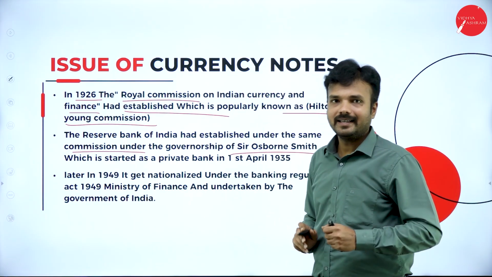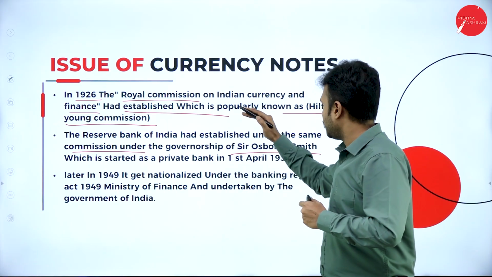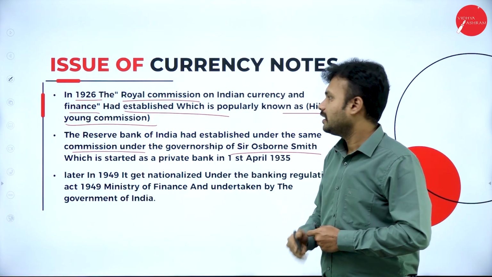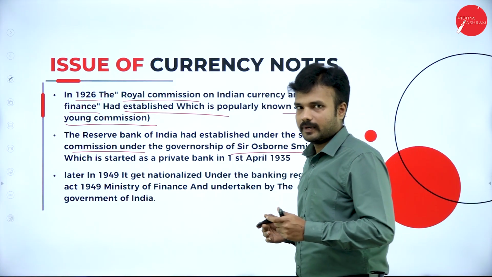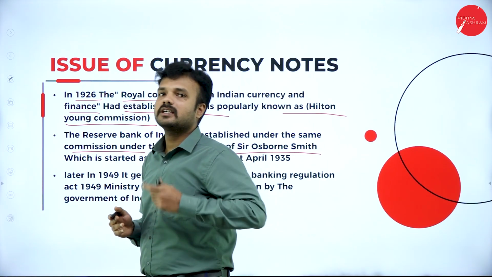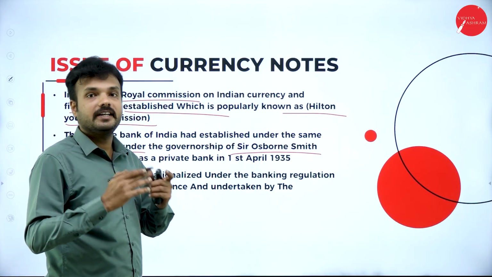So the Reserve Bank of India was established based on the contribution given by the Hilton Young Commission. The first governor of the Reserve Bank of India is Sir Osborne Smith, the first British governor. But who is the first Indian governor?